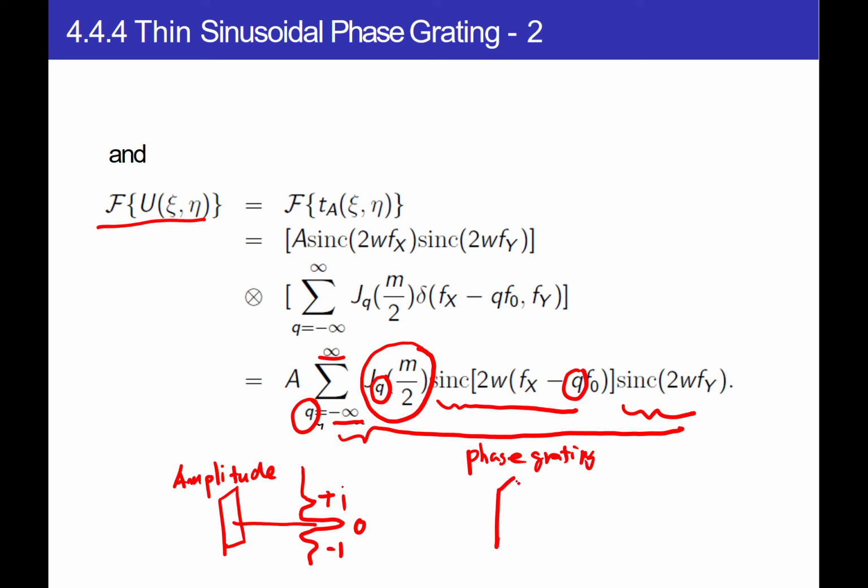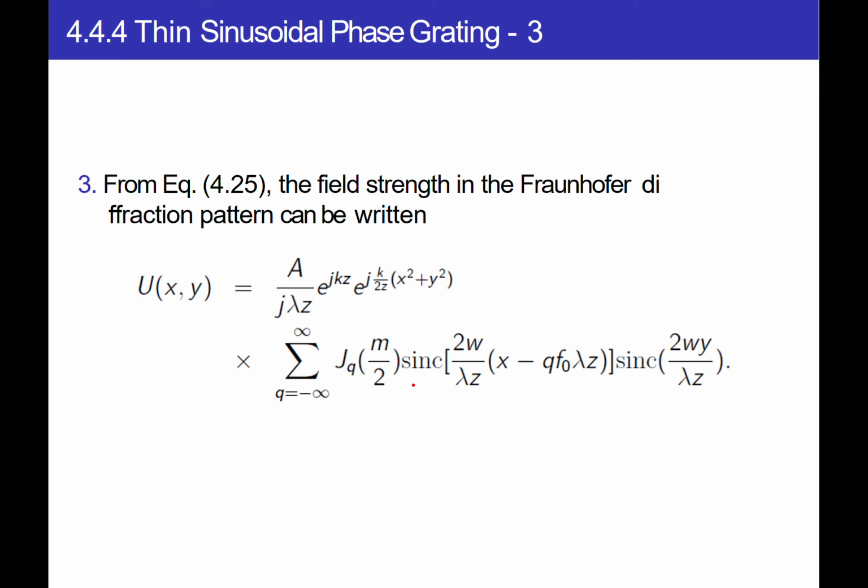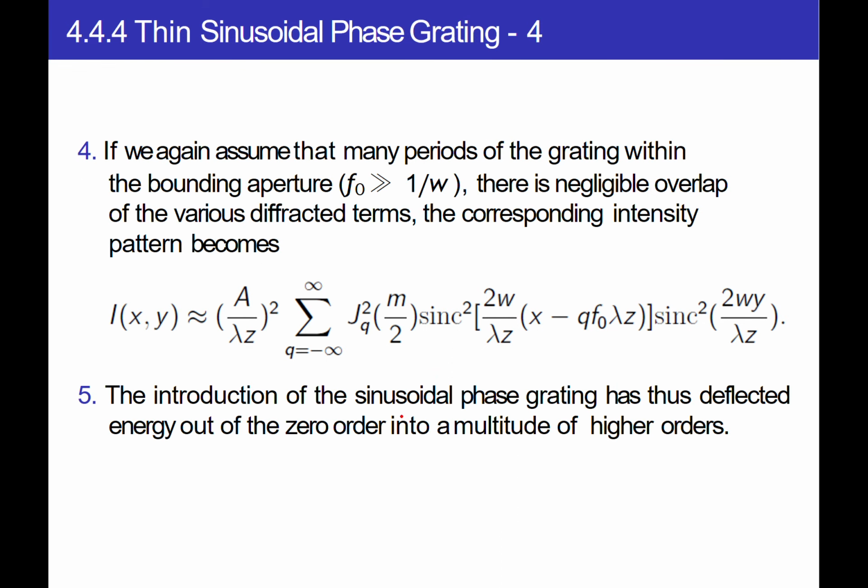The rectangular envelope is almost the same, but the phase is modulated, and then you have infinite peaks, weighted by this J_q. Eventually the intensity becomes J_q squared times sinc squared.